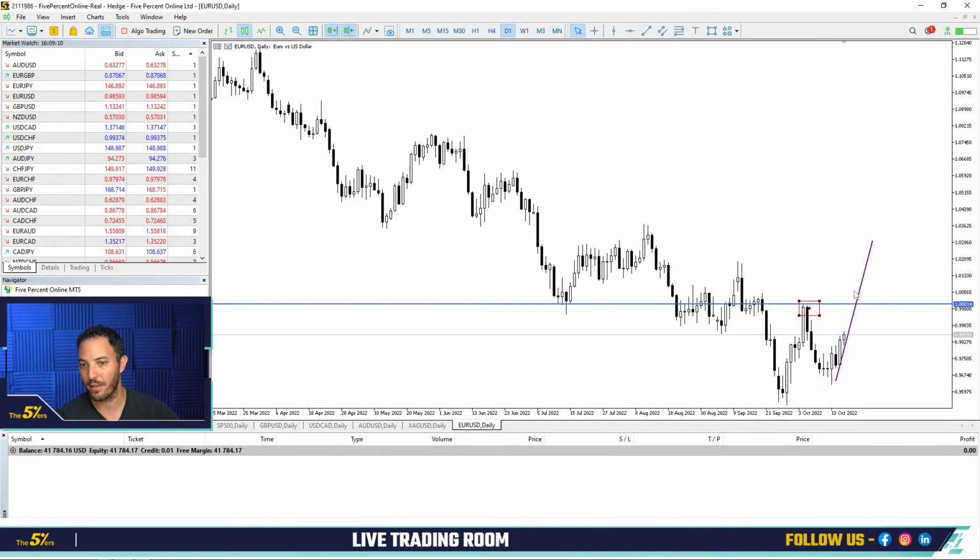Because if that really breaks substantially, we can see a break of this previous resistance and this previous one, and we can see a trend reversal on the macro. Okay, a really fundamental trend reversal. But that requires a lot of discipline and a long-term perspective.